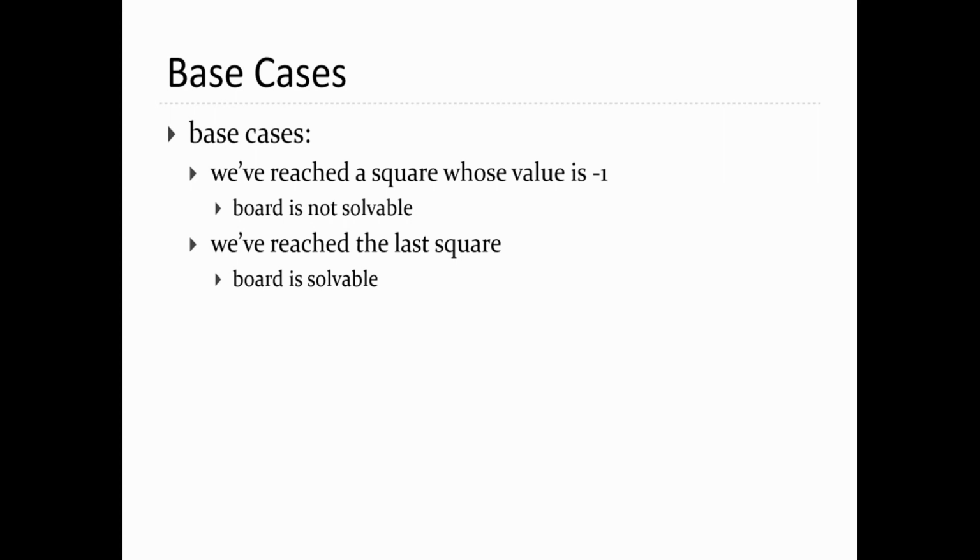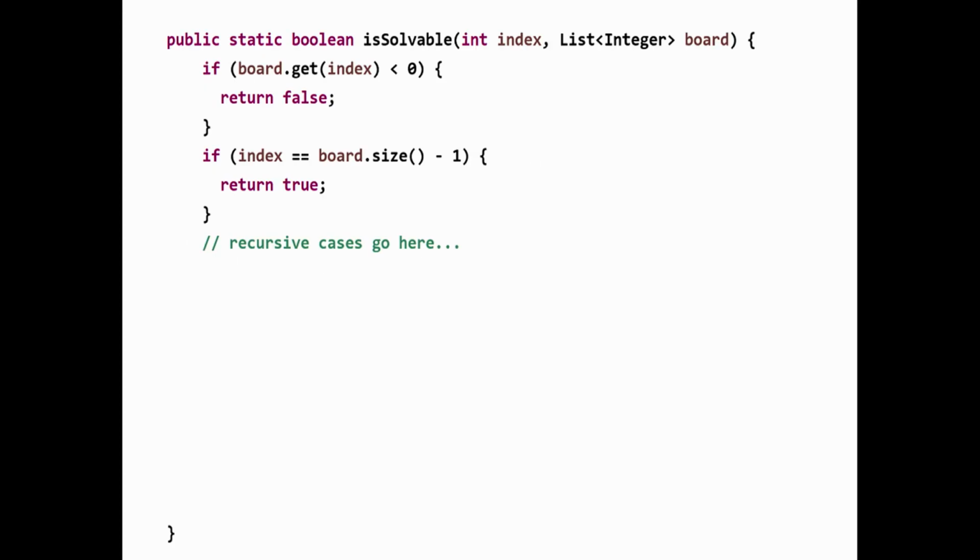Now, when else do you know that the problem is solvable? Well, you've landed on the last square. If you land on the last square, then you've solved the board. So in that case, you can return true. So your base cases are trivial to write in this case. If the square that you land on has a value less than 0, or equal to -1, that's not a solution, so you return false.